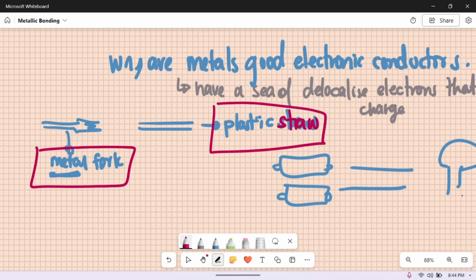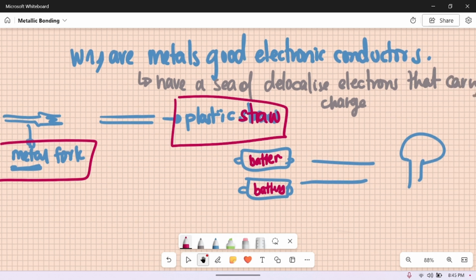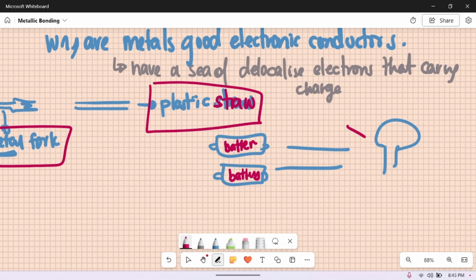So what would you use to conduct electricity from one end to another in this case? So from the batteries to the bulb here, if you want your bulb to light up. Would you use your straw or would you use your fork? I would use my fork because it's a metal fork, because it's a good electric conductor.